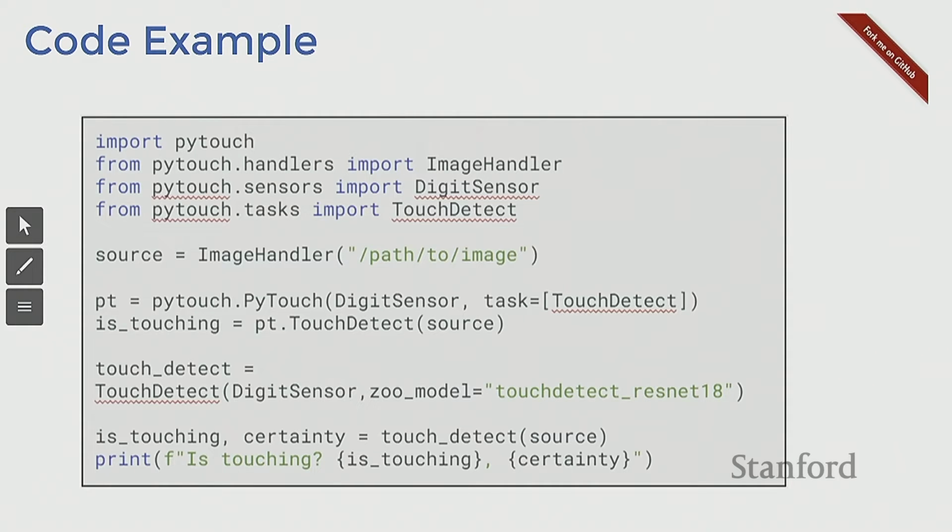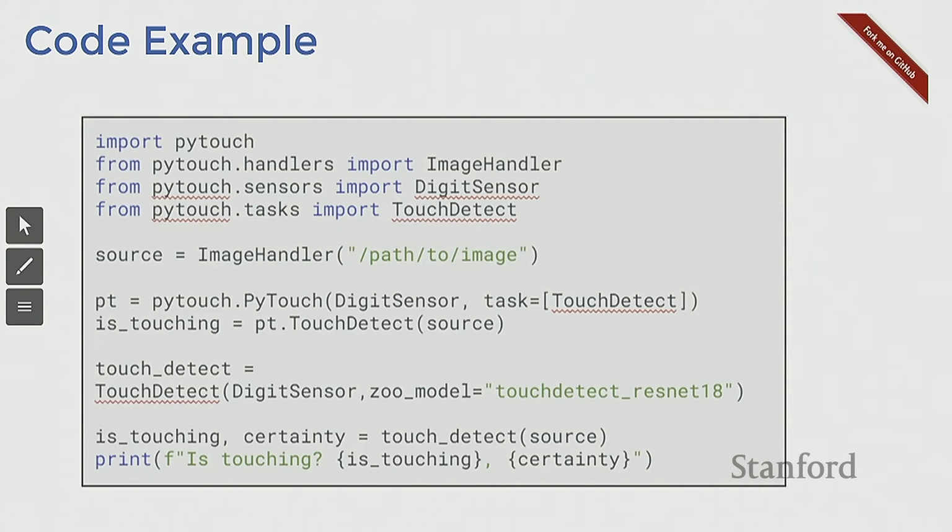And PyTouch comes with pre-trained models that you can directly download, or that are downloaded in the background if you just request this. So having a sensor that can directly give you functionalities 10 minutes after you unwrap it is actually possible through a smart use of standardized hardware and standardized software.